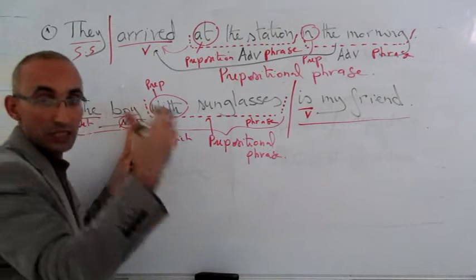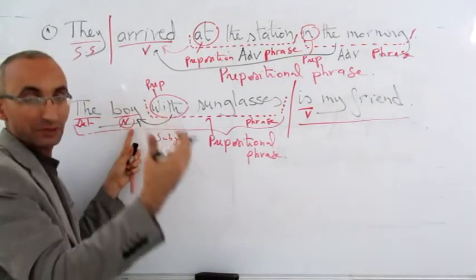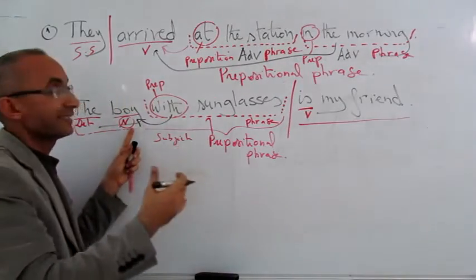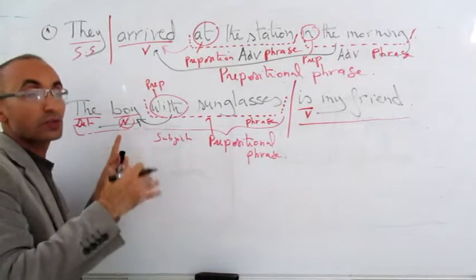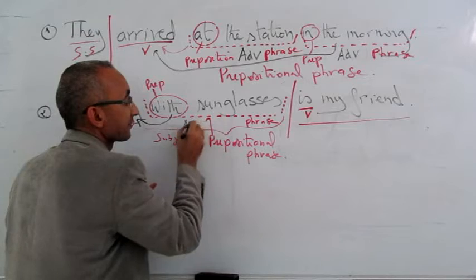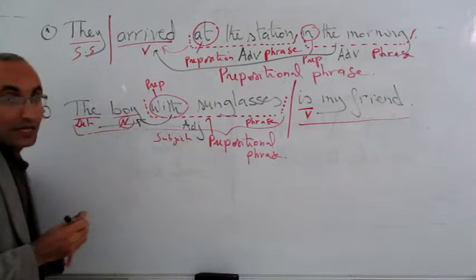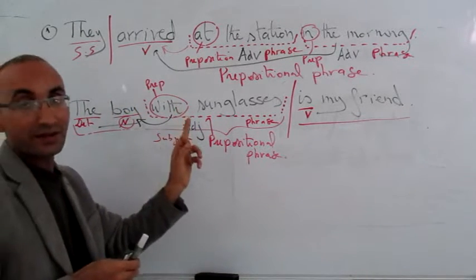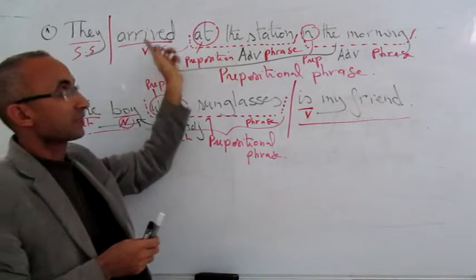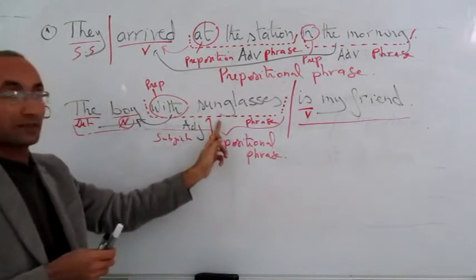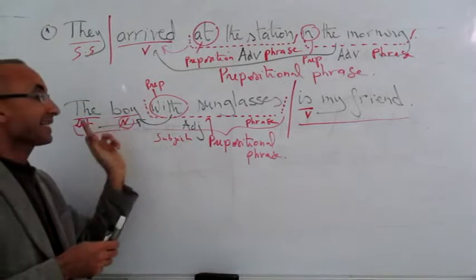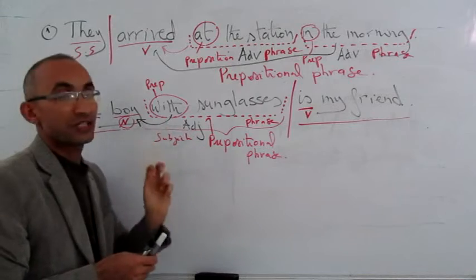And we know in English, all that comes to modify a noun, or is related to a noun, is considered an adjective. Clear? If the phrase is related to the verb, it is acting as an adverb. But if the phrase is referring to and modifying a noun, it acts as an adjective.